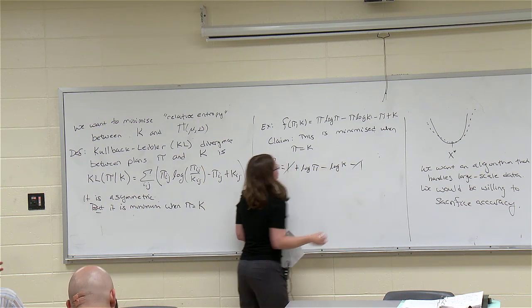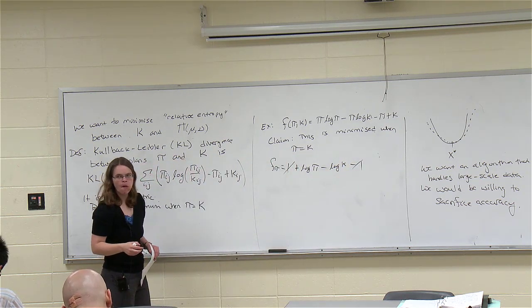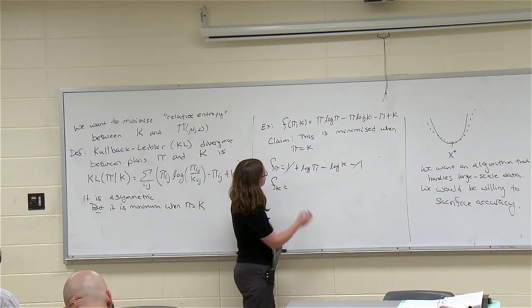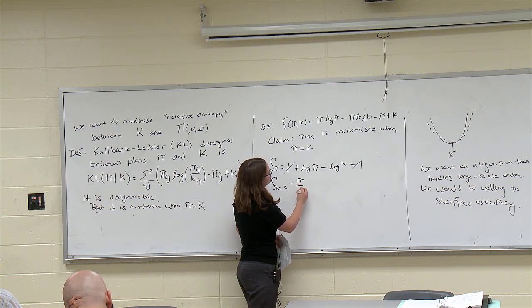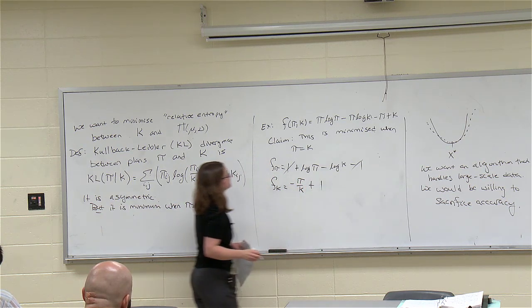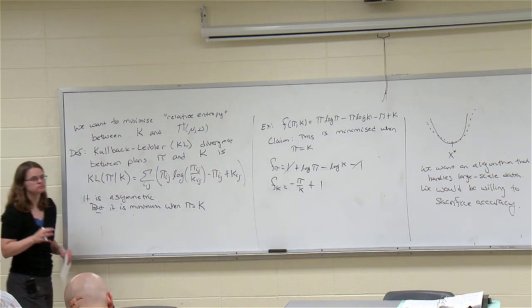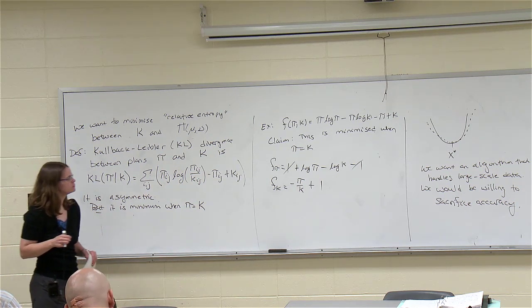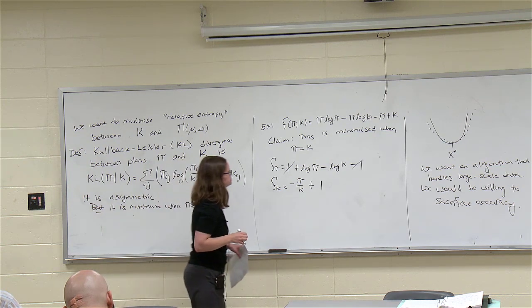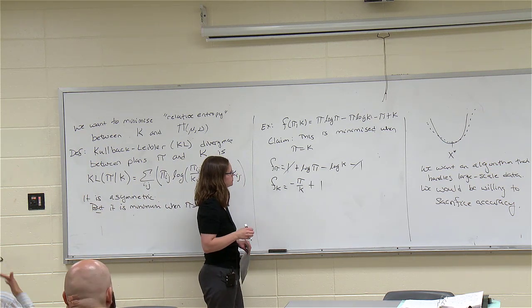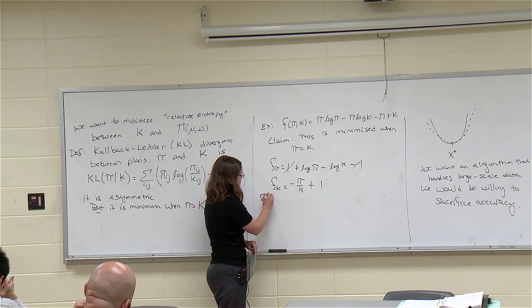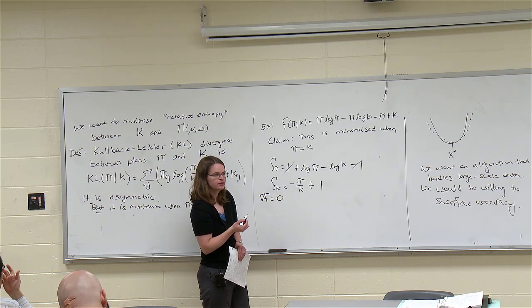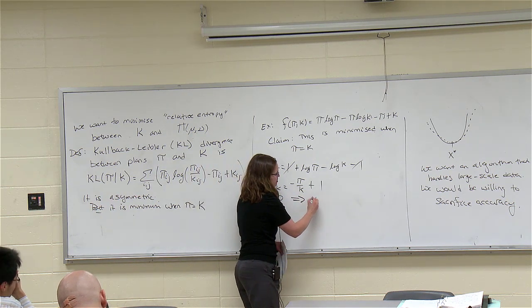We don't need those. f sub k is minus pi over k plus 1. Okay, so if we're looking for a minimizer, setting the gradient equal to 0 indeed gives us that pi is equal to k.